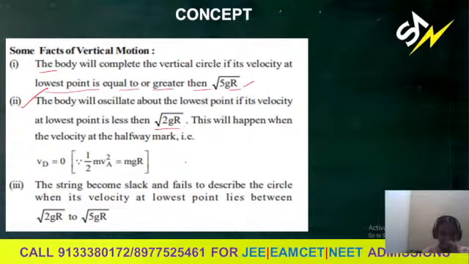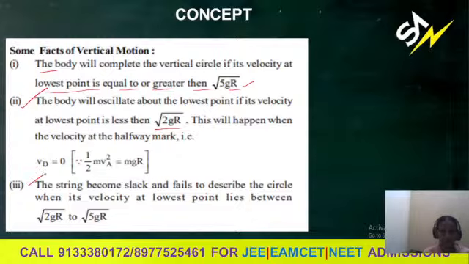So the body will oscillate about the lowest point if its velocity at the lowest point is less than root 2gr, so it does not leave the loop. Now, the velocity that does not continue the circular motion lies between root 5gr and root 2gr. That point is given here.